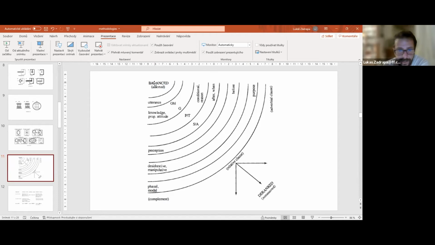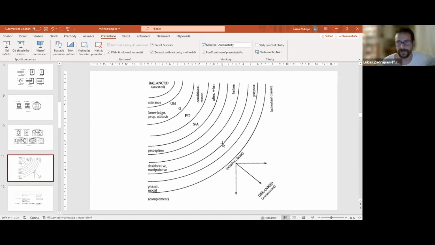So these are supposed to be typologically and universally valid generalizations about, for example, which phenomena happen to the more balanced sentences and to those more deranked sentences which do not have any predicativity in fact anymore.